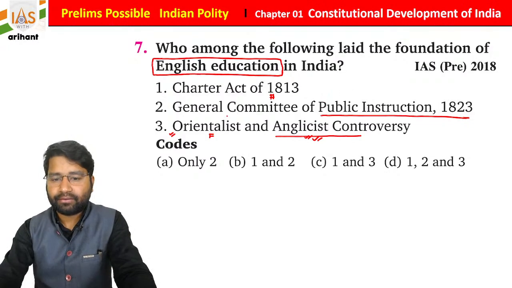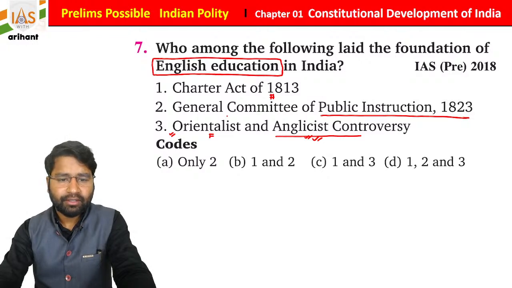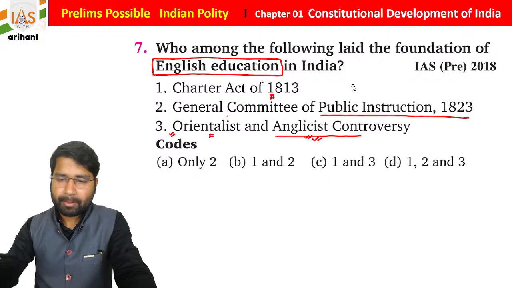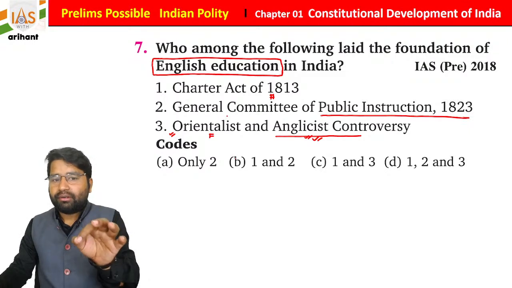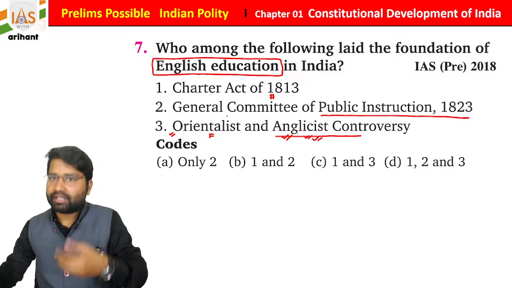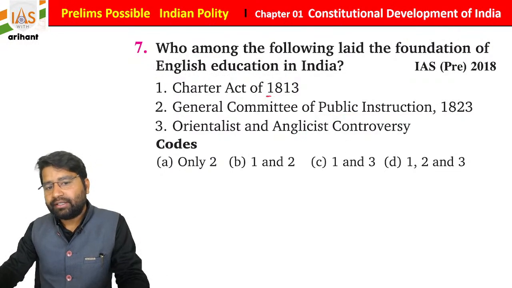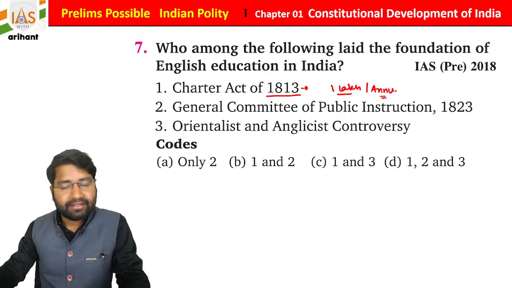What will be the right answer? And things are very, very easy if you go in a simple and easy format. Okay, so for English education in India, if there is an Anglicist controversy, it means they are trying to promote English in India. So what you find, students, is the Charter Act 1813, which made compulsory, as already discussed, 1 lakh rupees per annum for the promotion of English education.